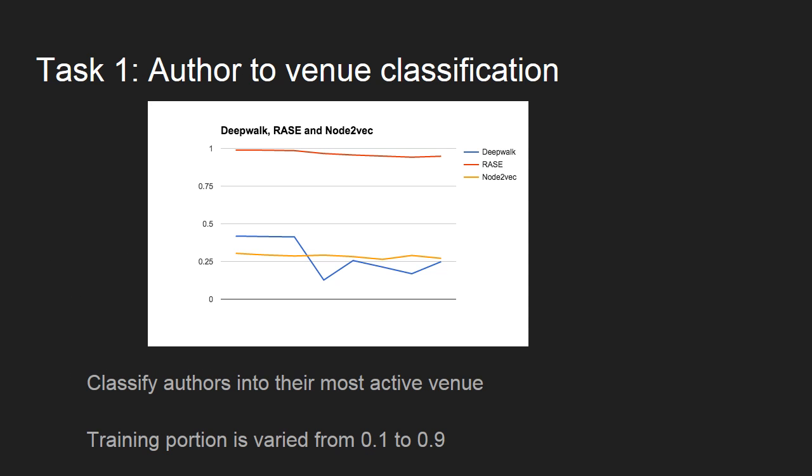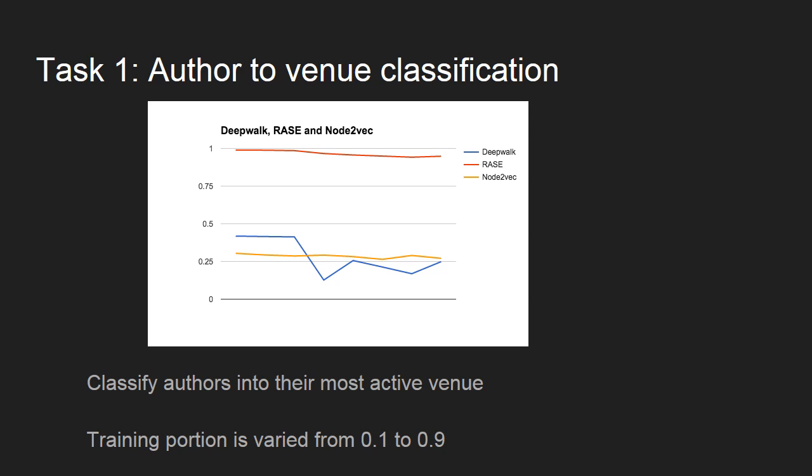This is the author-to-value classification result with DeepWalk and node2vec as the baseline. This evaluation evaluates the accuracy for the authors to be classified into their most active value, and as we do cross-validation, we have various training portions, varying from 0.1 to 0.9.